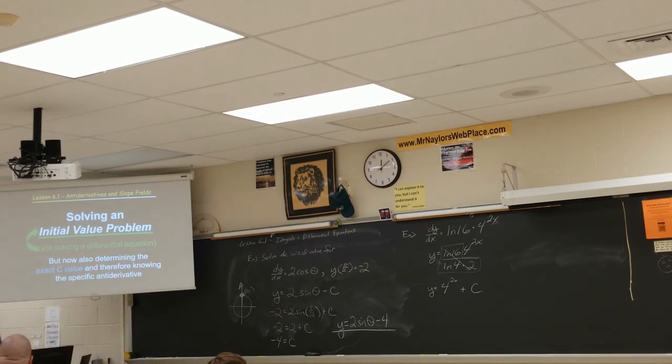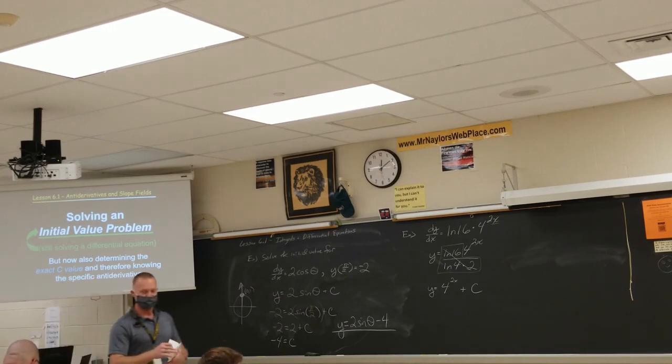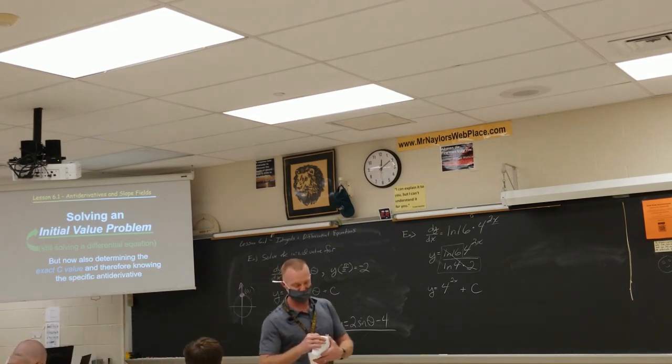Now, we don't do this much, but I have basically a mini assignment. It's not busy work. It's an easy grade. Well, it should be an easy grade, but it's made up of all these types of antiderivatives.